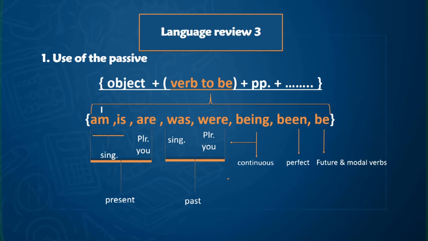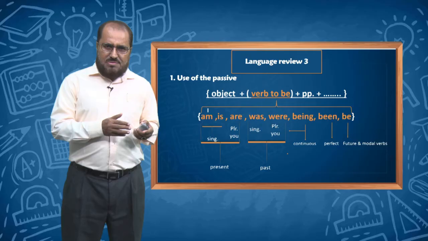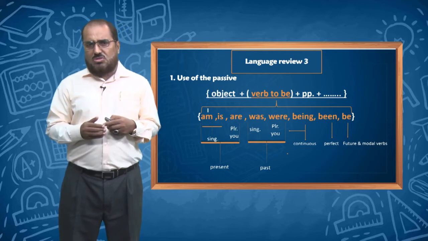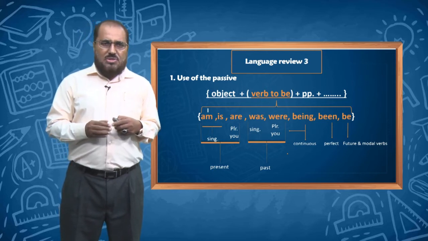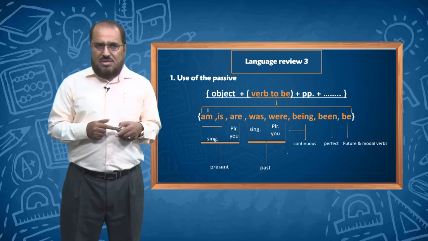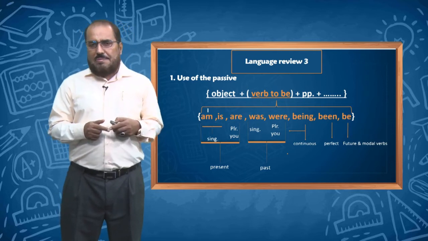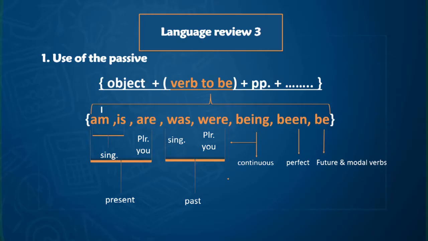With the past simple, we use was and were. Was for singular, were for plural, and also for you. With the continuous, we can use being here. Being for present continuous or past continuous.